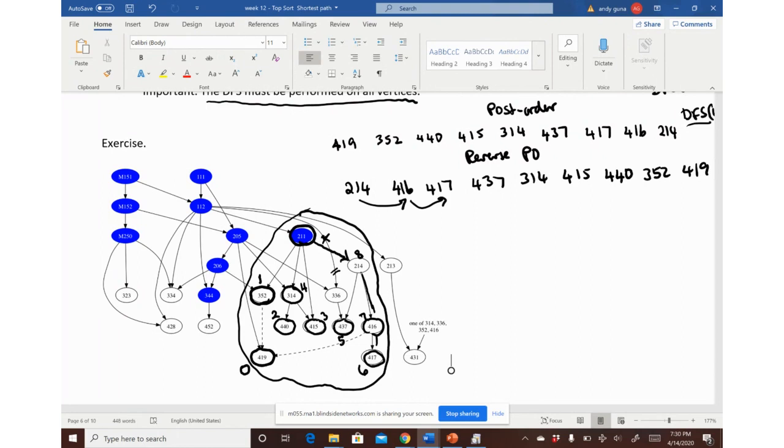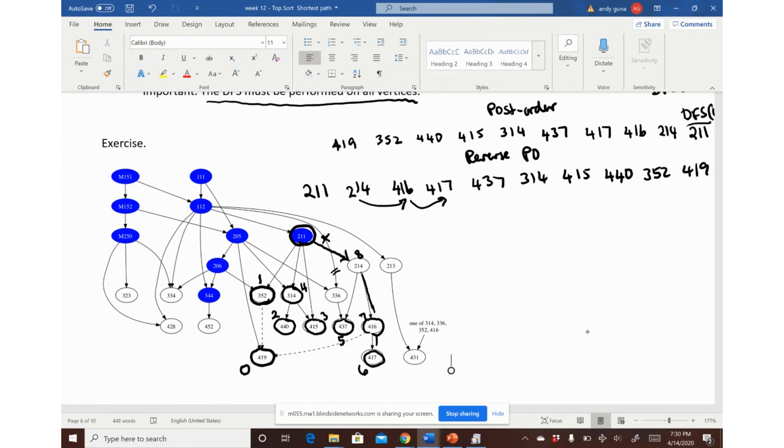Okay. And then let's draw the other ones. We have 211 to 314. What happened to 211? I guess I didn't write 211. So 211 is here. So there are links from 211 to 314. Oh wait, the fourth one is 314.